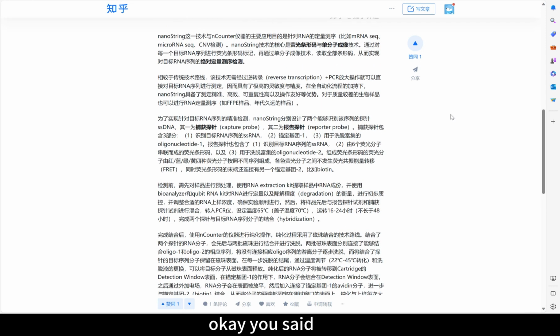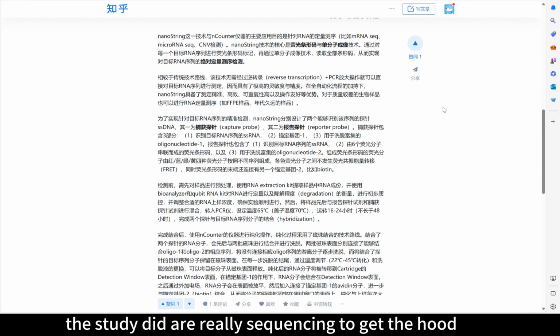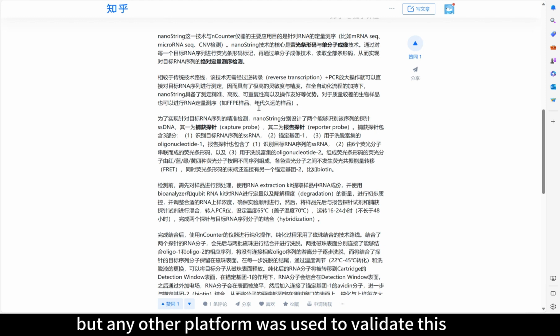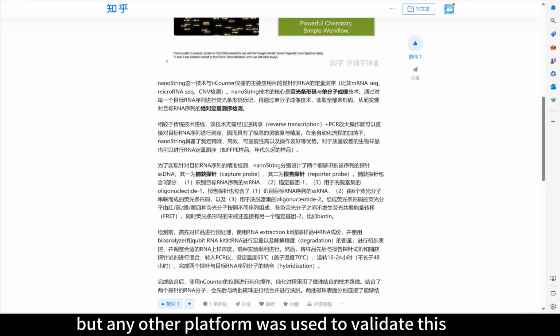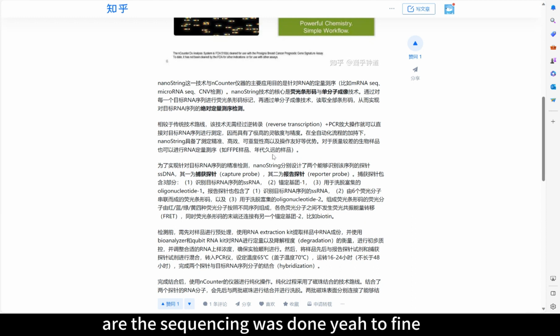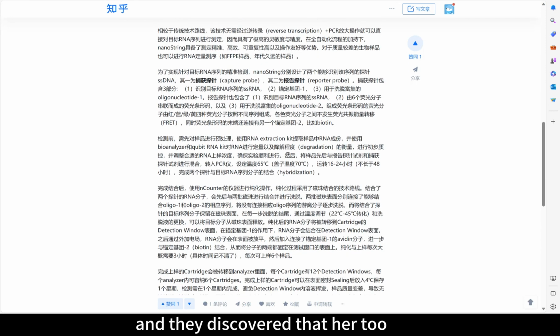You said the study did RNA sequencing to find HER2 in breast cancer, and they discovered that HER2 was the biological marker, right?